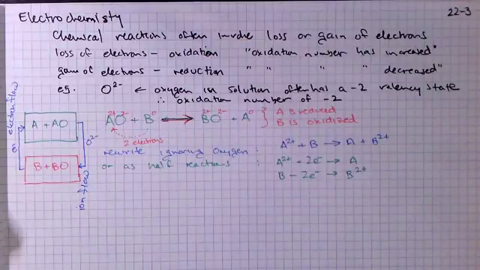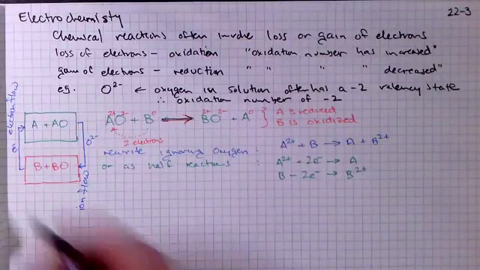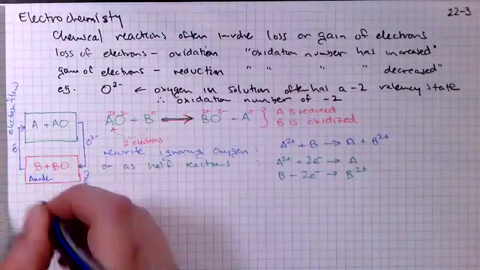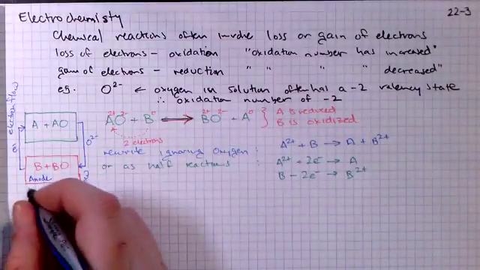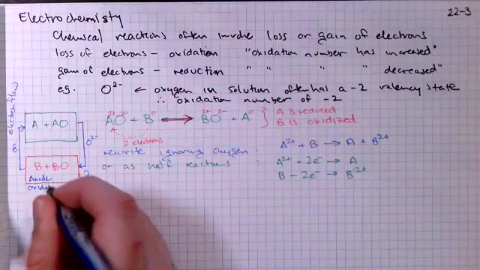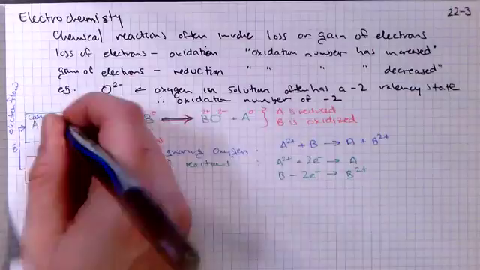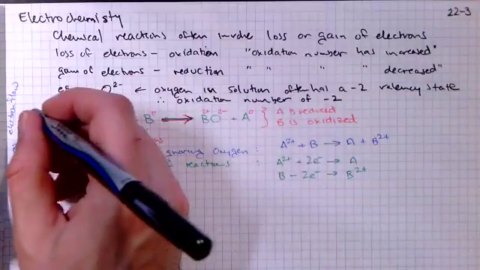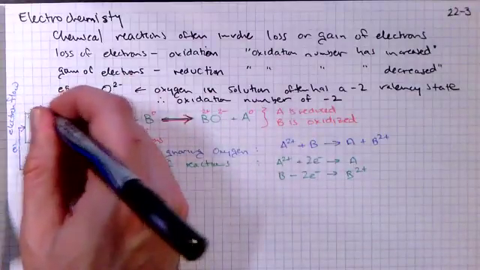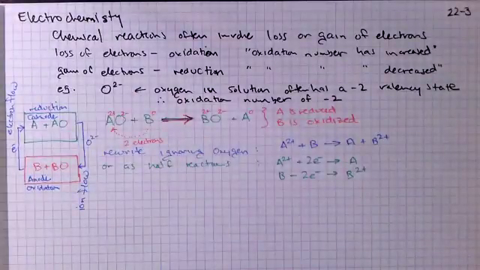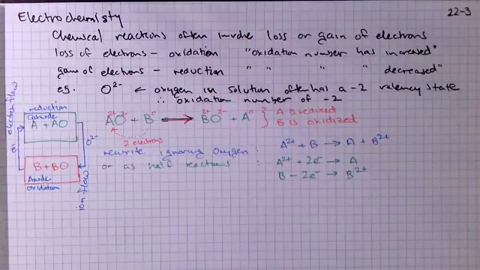So by convention, this side is known as the anode, and this is where we're seeing oxidation. And this side is the cathode, and this is where we're seeing reduction. Okay. So this is now a picture of essentially an electrochemical cell.